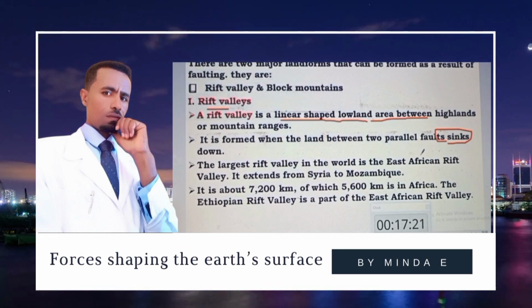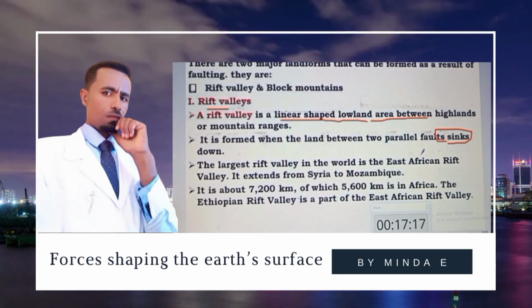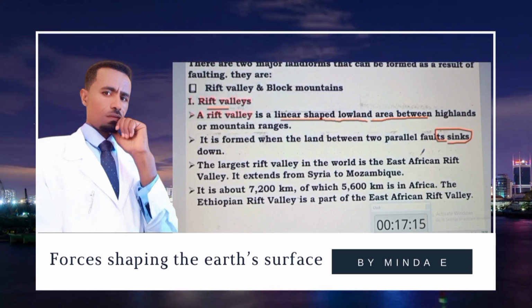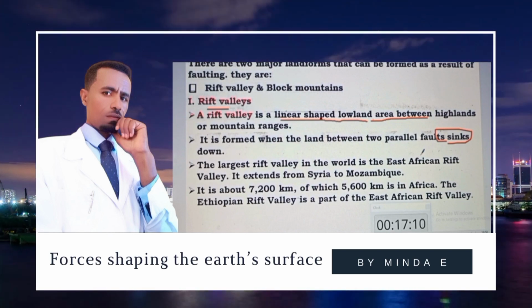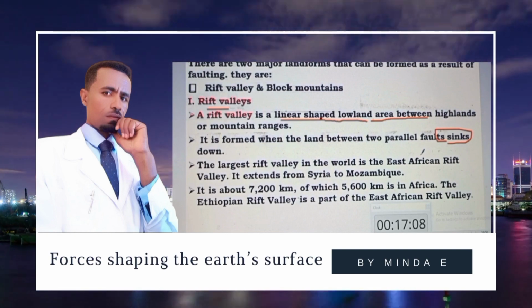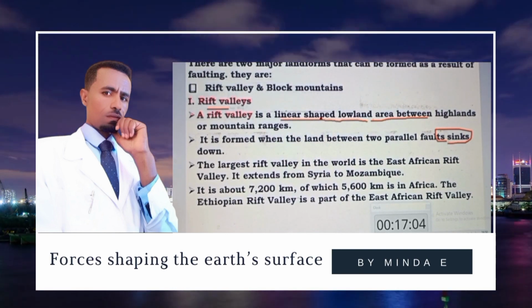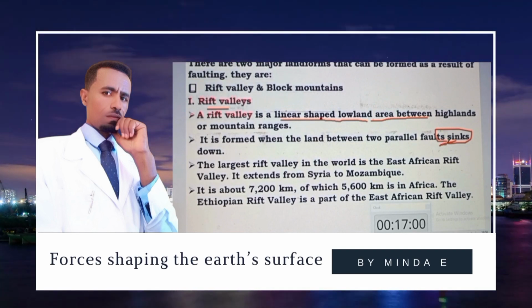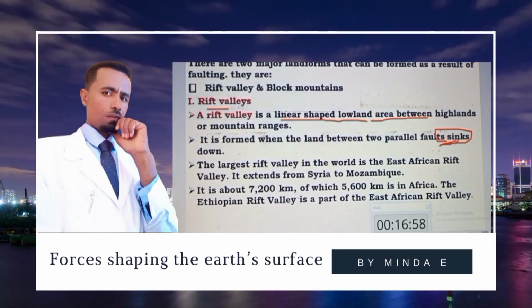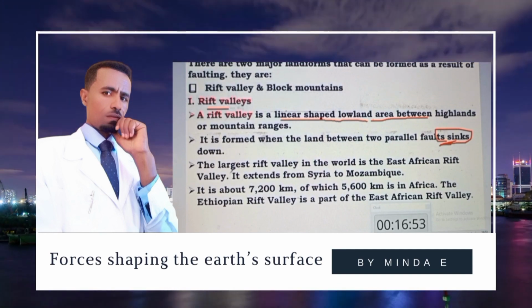If sinking happens, the landform created is known as a Rift Valley. When landmass sinks down, the area will be called Rift Valley.